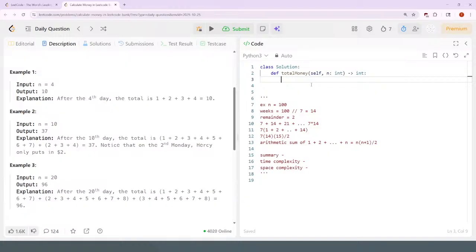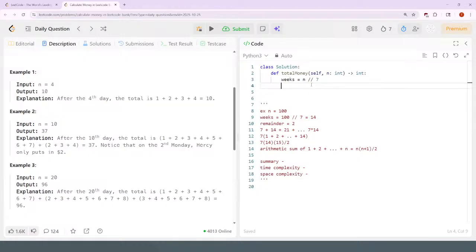Well, now, how is that going to play out? So it's going to be baseline, it's going to be 1 through 7. Okay, so the weeks is still necessary. I think it's going to be n divided by 7. And the baseline amount is 1 through 7. I guess I can just do the manual addition, right?